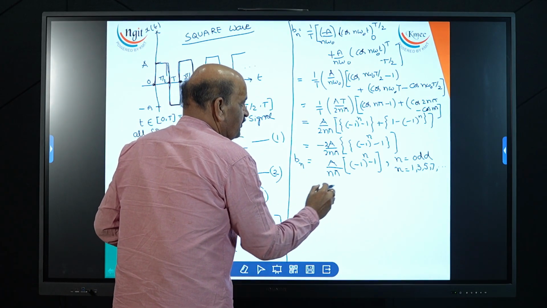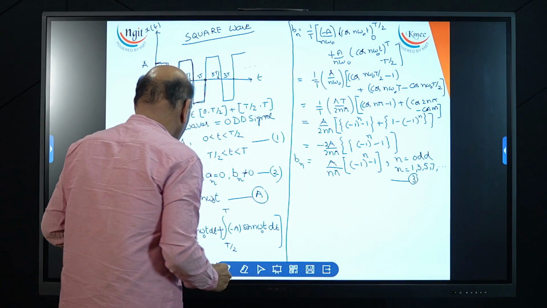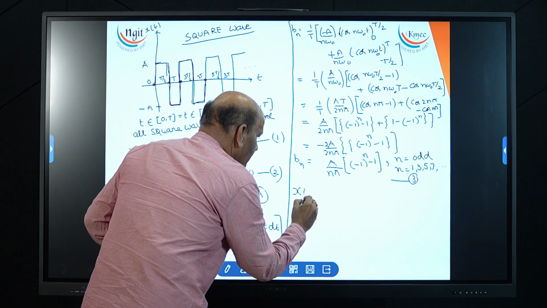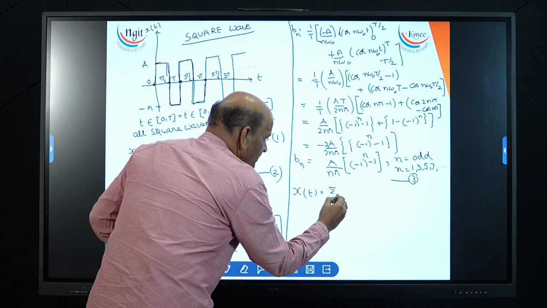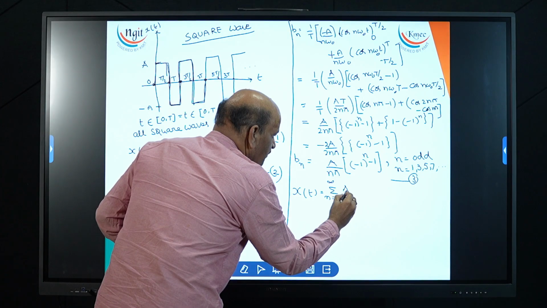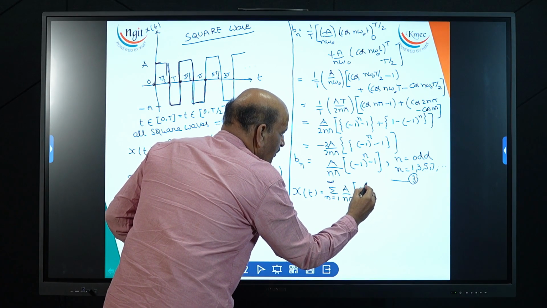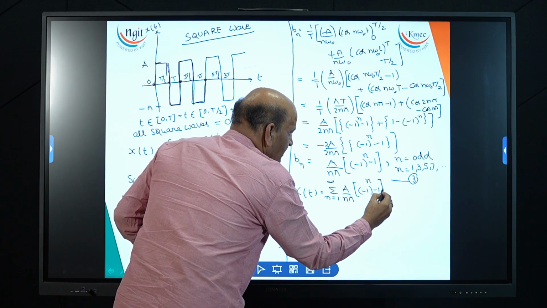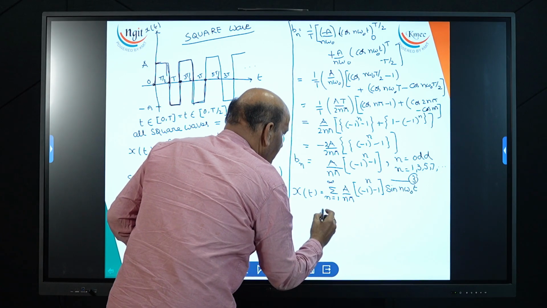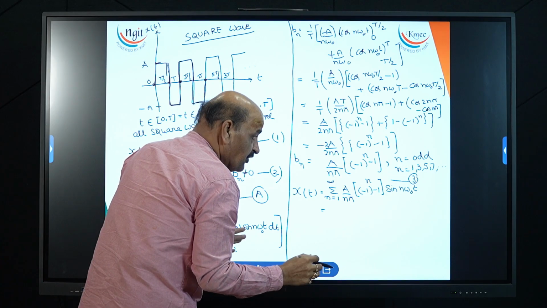Now, this value is the bn value. So let this value be some constant. Substituting the value in the main equation, what did we get? X of t is equal to summation n equal to 1 to infinity, its constant value a by n pi into minus 1 whole power n minus 1 into sine n omega naught t. Here the remaining terms other than n are constants.